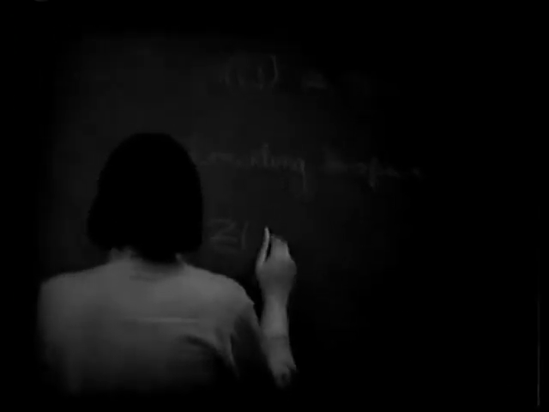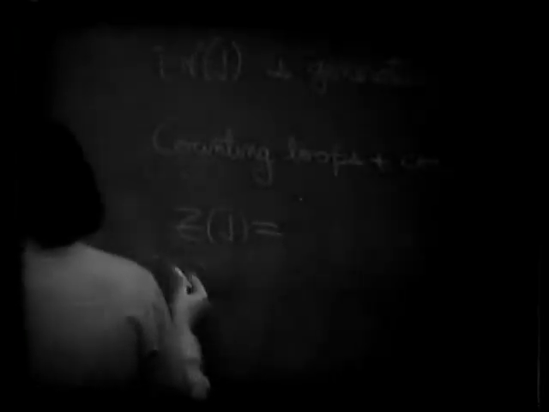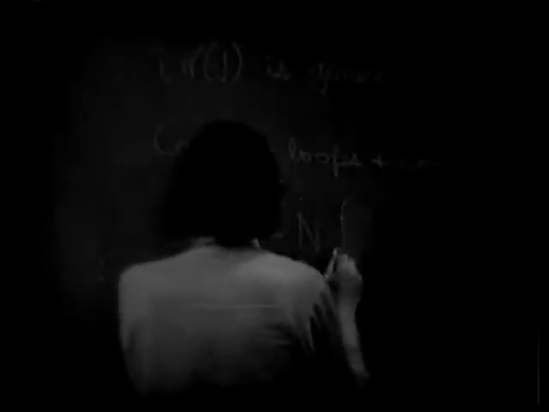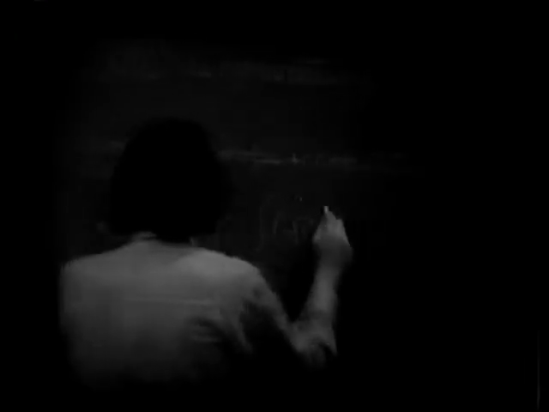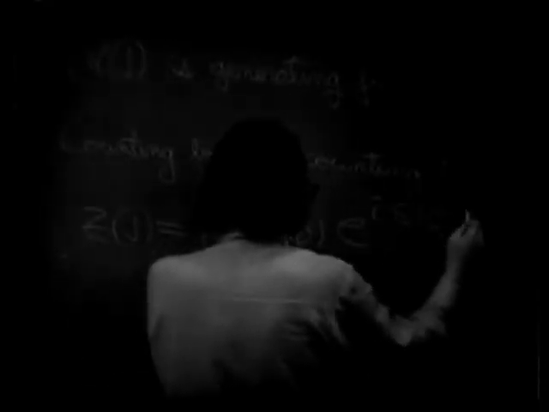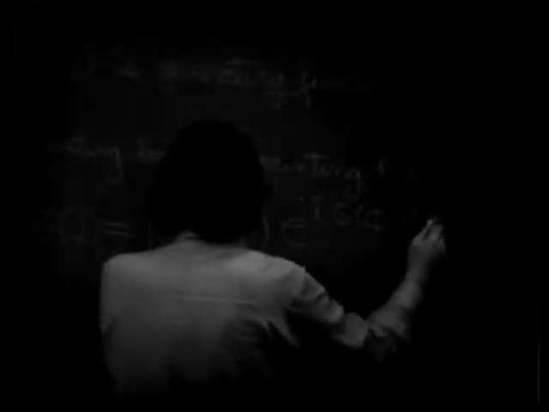We have, throughout this course, been setting h-bar to 1, except on occasions where it is convenient to restore it, and this is one of those occasions. So let me put the h-bar in and write Z of J equals N integral d phi e to the i S of phi and J over h-bar.